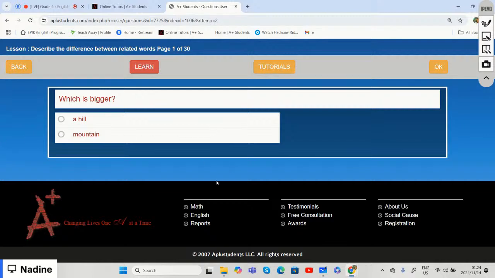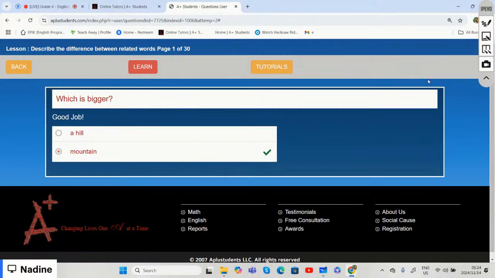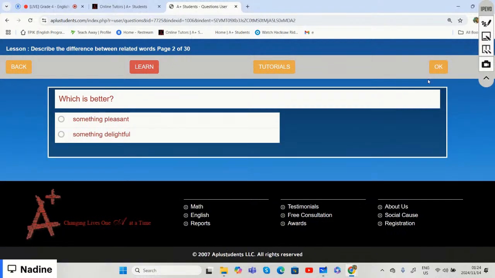All right, so which one is bigger? We will say a mountain is bigger than a little hill. All right, so a mountain is bigger than a hill.